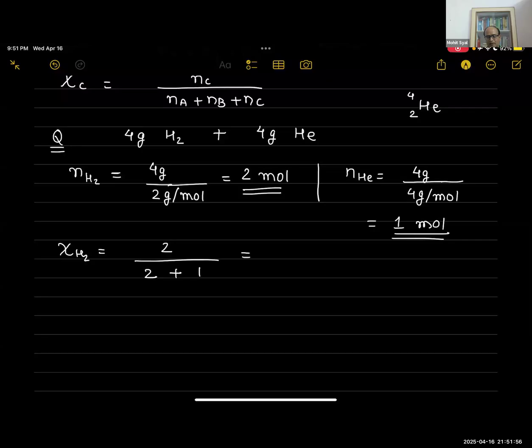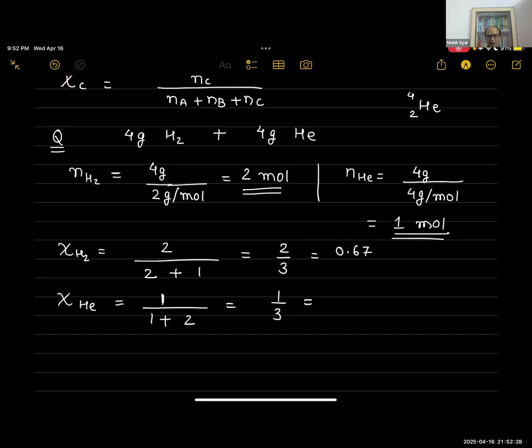That is 2 by 3, 2 by 3 mole. 2 by 3 is 0.67, or 0.66, so we can write it as 0.6. And the mole fraction of helium is going to be 1 by 3, that is 1 divided by 1 plus 2. That is 1 by 3.